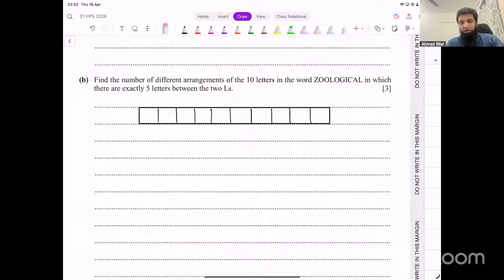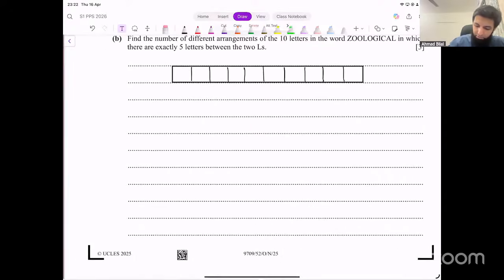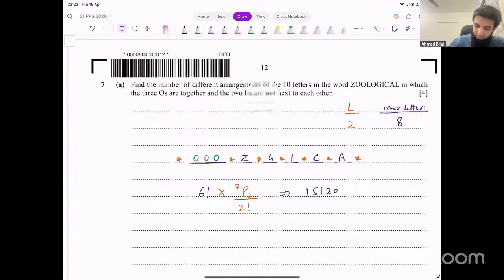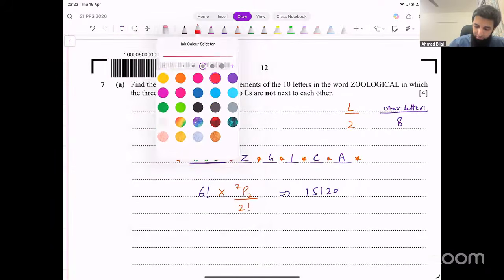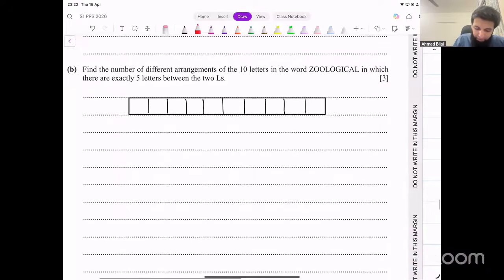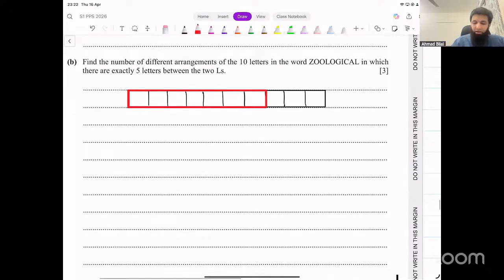How many total letters does that become? 7 letters. So we have a big box that has 7 letters in it.